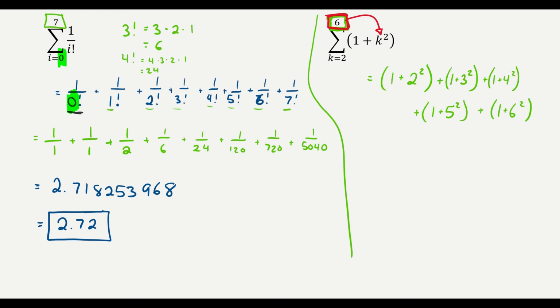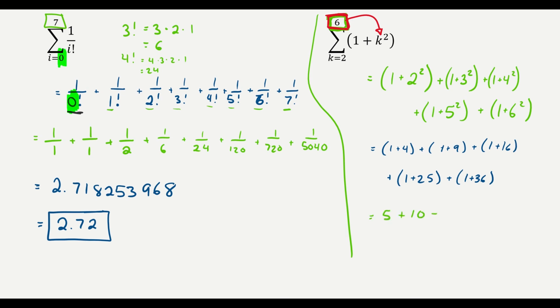Okay, now we can work through and we can simplify this. So I have 1 plus 4 plus 1 plus 9 plus 1 plus 16 plus 1 plus 25 plus 1 plus 36. So just taking our time with some nice lovely arithmetic.